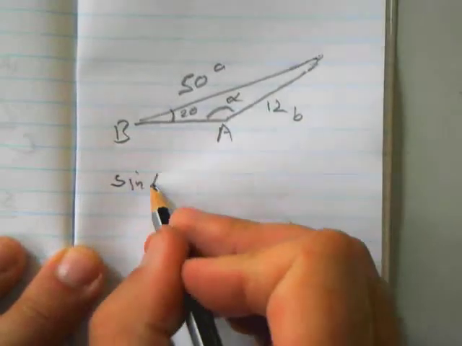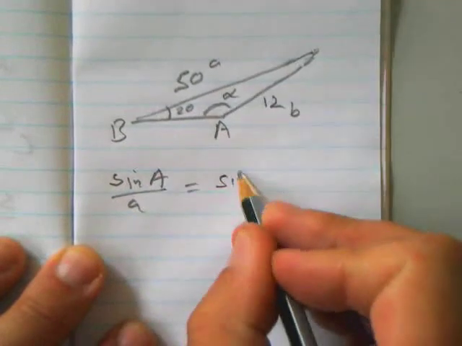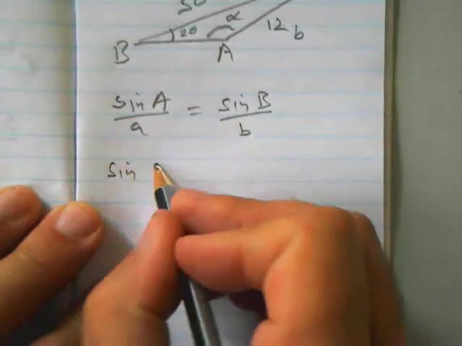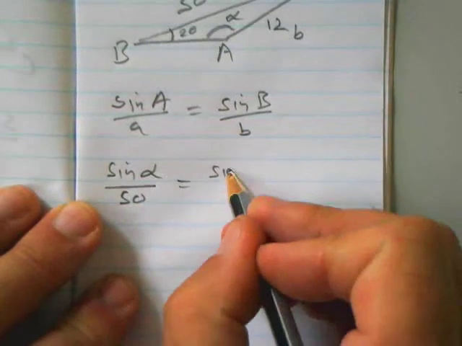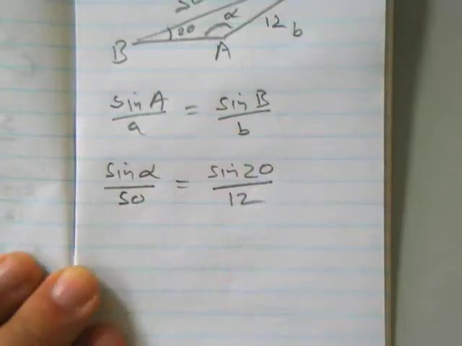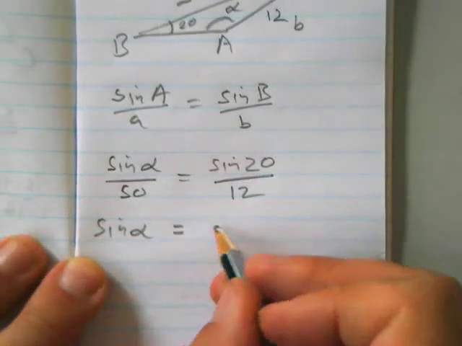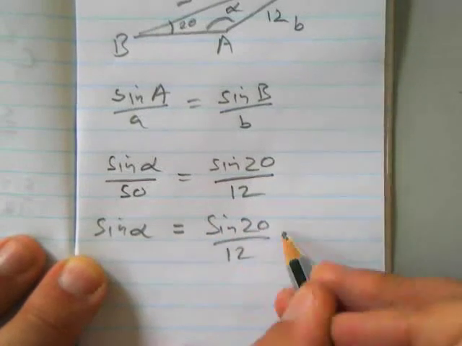Sine A over a equals sine B over b, which gives us sine alpha over 50 equals sine 20 over 12. So sine alpha equals sine 20 over 12 times 50.